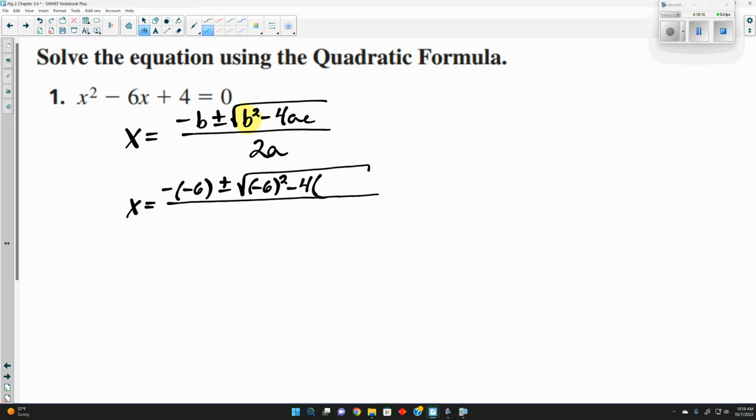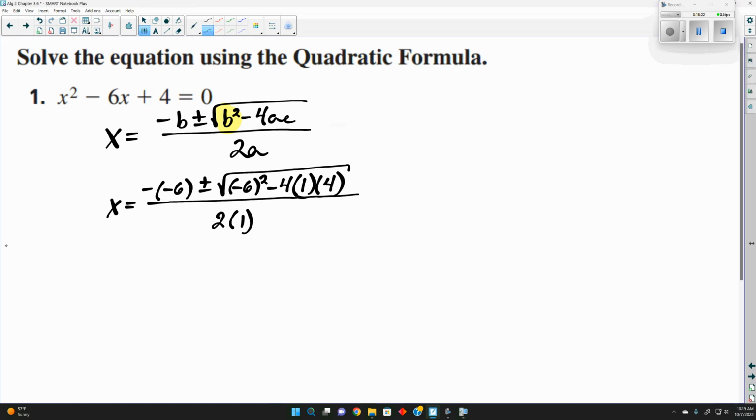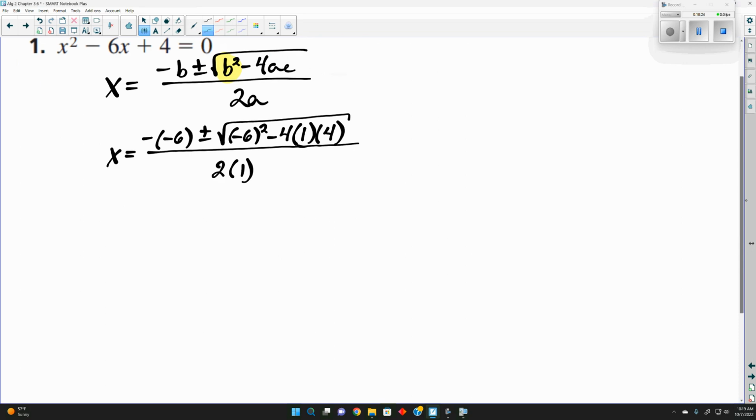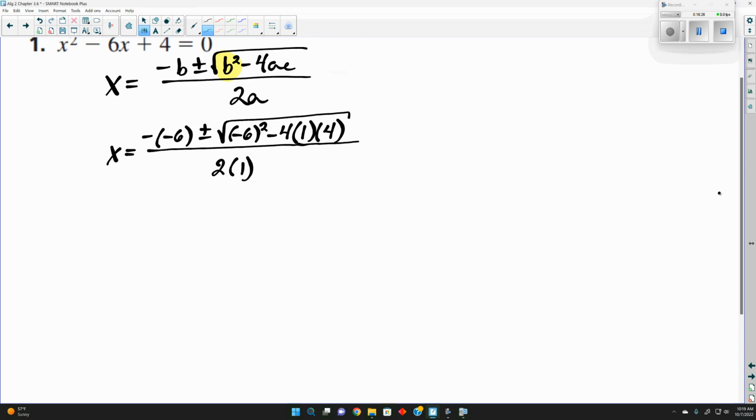Now our a value this time is 1, and c this time is 4, over 2 times 1. And again, at this point, we need to simplify. Well, -6 is going to be +6. Plus or minus. And the denominator 2 times 1 is 2.